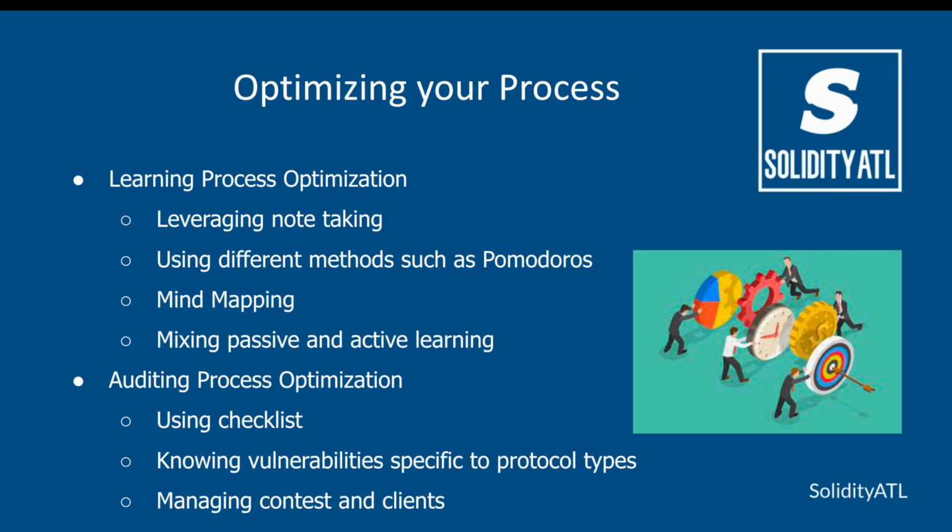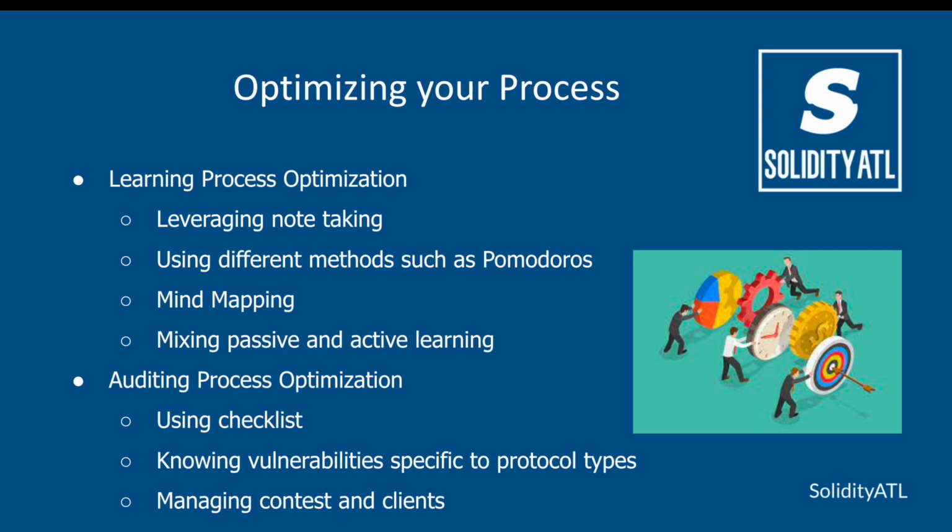Next is knowing vulnerabilities specific to various protocols and their protocol types. You should know what kind of lending and borrowing bugs are incorporated within DeFi protocols. You should know the vulnerabilities that come with governance type contracts and governance type protocols.